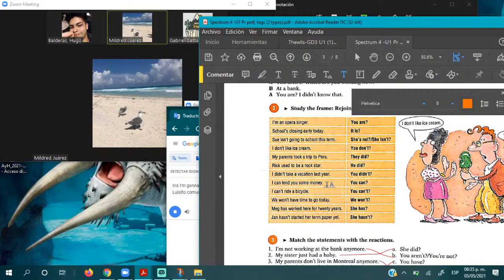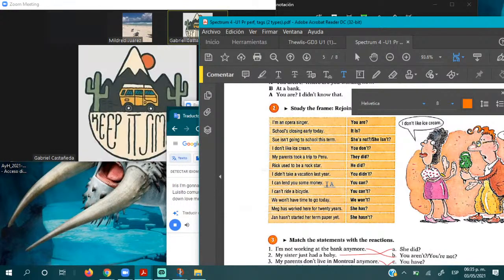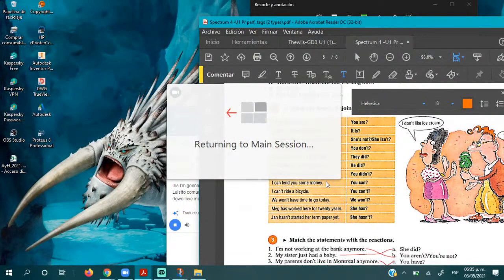My brother lends me some money. He does? Yeah. The last one. My parents have never eaten tacos. They haven't?